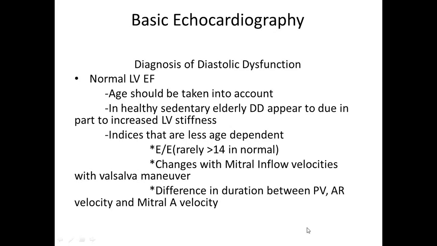If you're using the average, is it greater than 14? The next thing is the left atrial volume index. Is it greater than 34 mLs per meter squared? And then the 4th thing is the tricuspid regurgitant velocity. So those are the 4 things you're going to look at first. Okay?